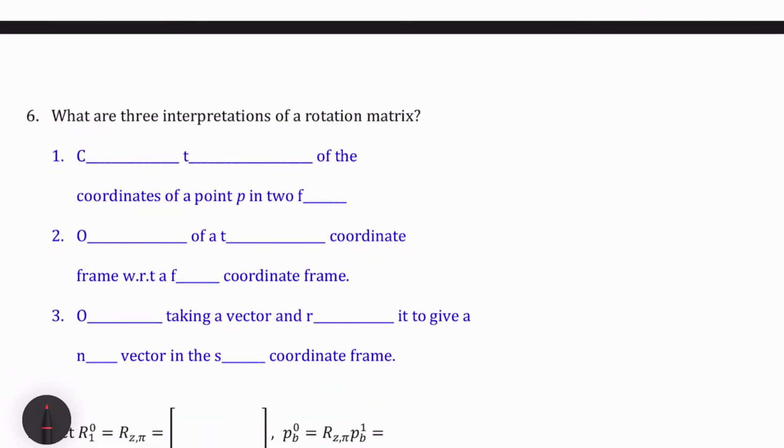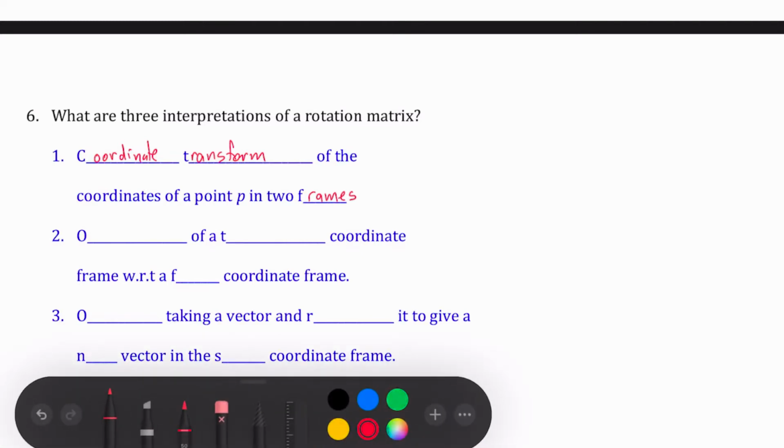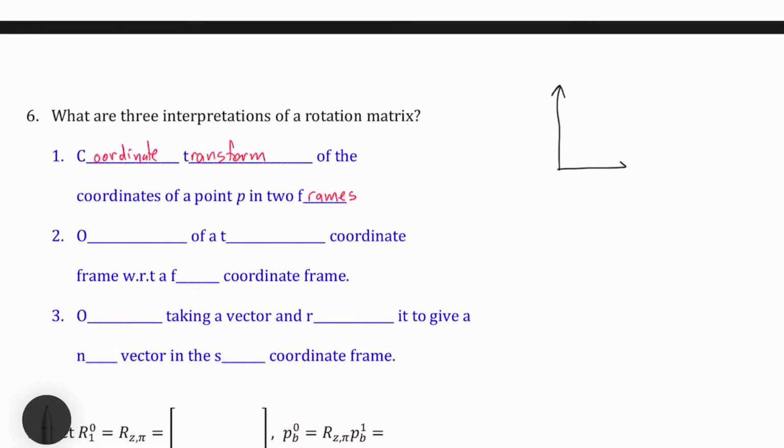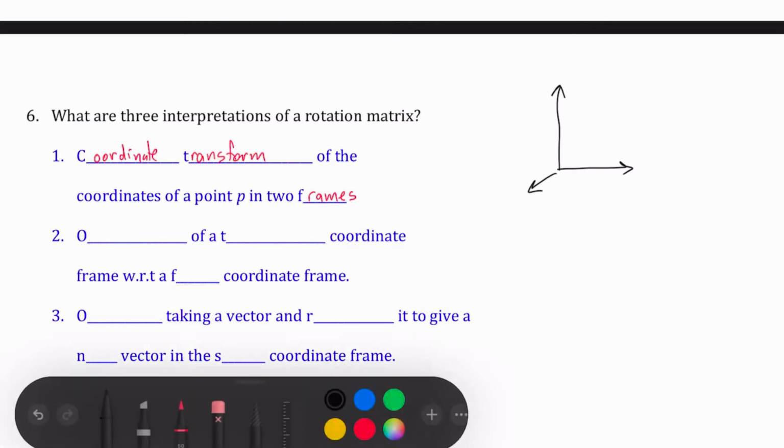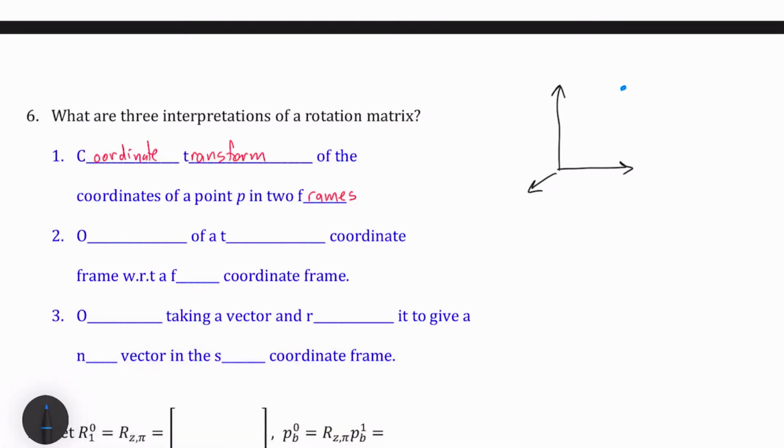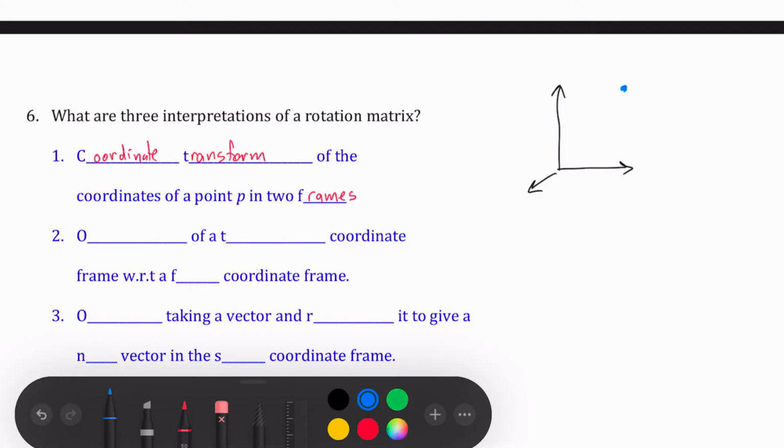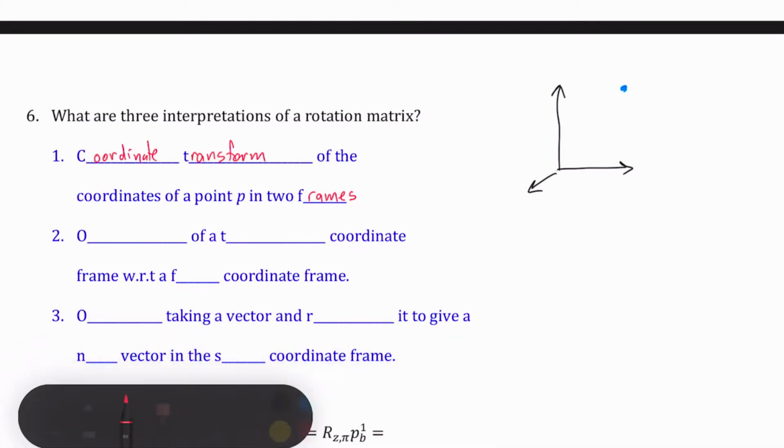What we're going to have here is 3 interpretations of a rotation matrix. The first one is that a rotation matrix, which you just saw here, is a coordinate transformation of the coordinates of a point in 2 different frames. So if you want a picture of this, you can sketch this out yourself. We've got a coordinate frame here. We've got some gorgeous point P. And we want to be able to refer to its coordinates in 2 different frames.